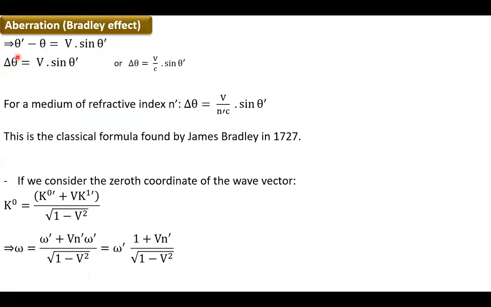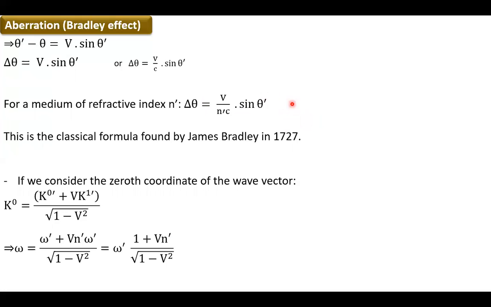So your delta theta, the difference of angle between r and r prime, is equal to v sine theta prime, or v over c sine theta. If you are not in vacuum, in a medium where you have a refractive index n prime, your delta theta would be v over n prime c sine theta.